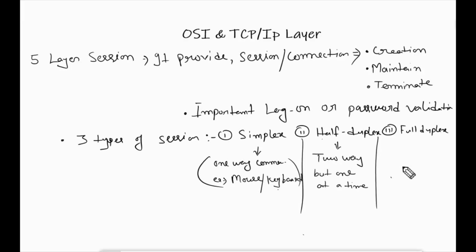And full duplex is two-way directional as well as simultaneous communication. The example of half duplex is a walkie-talkie device. Now full duplex is two-way directional as well as simultaneous communication. So at the same time you can communicate with the user, like on mobile.